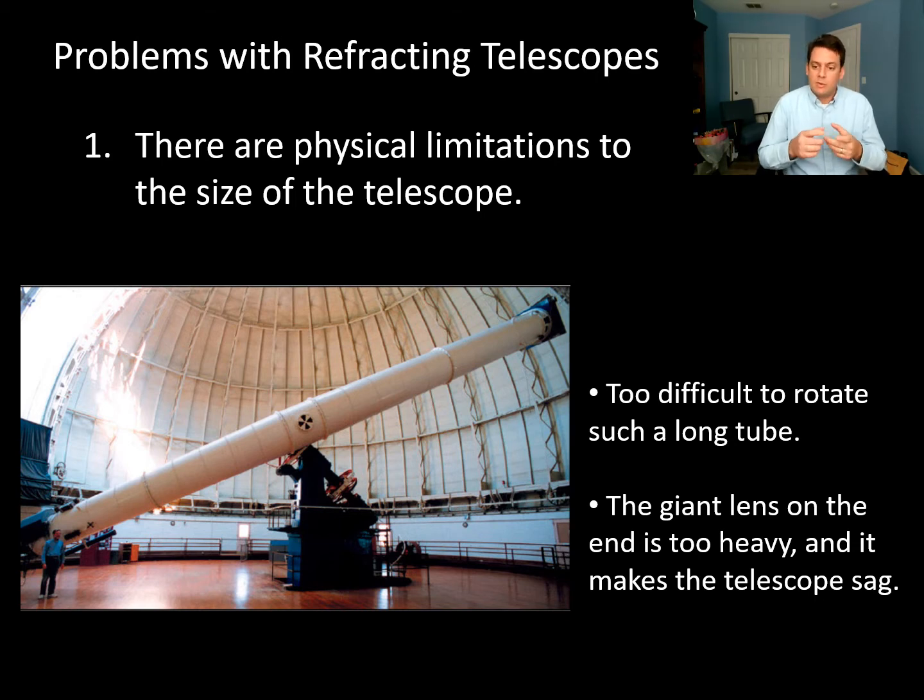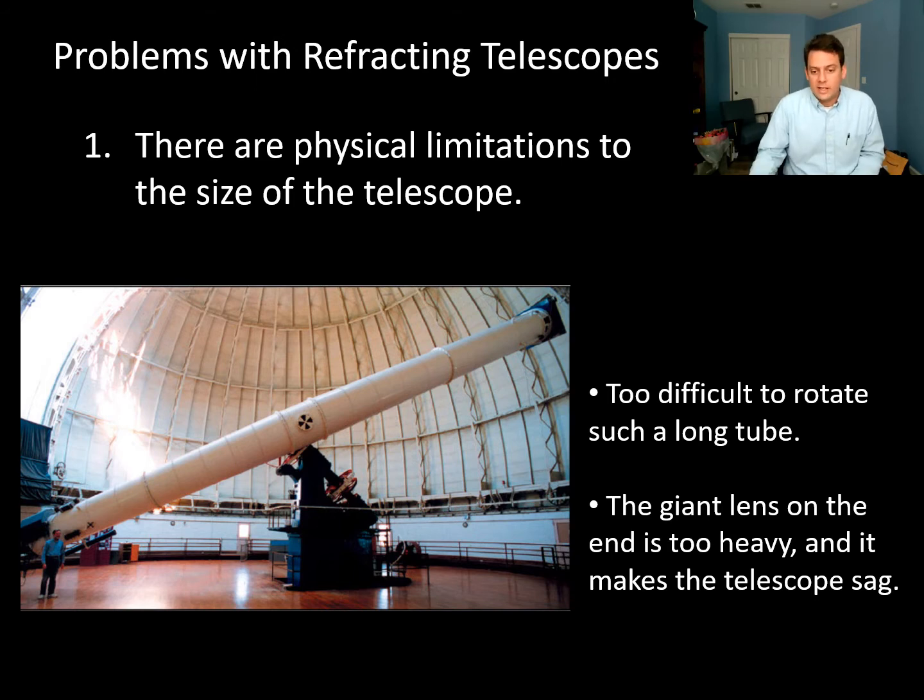One is, remember, the bigger the lens that you make, for practical reasons, it tends to require larger focal lengths, because it's hard enough to make a very large lens. To make a very large lens with a large curvature is even harder. And so these large lenses tend to have long focal lengths.